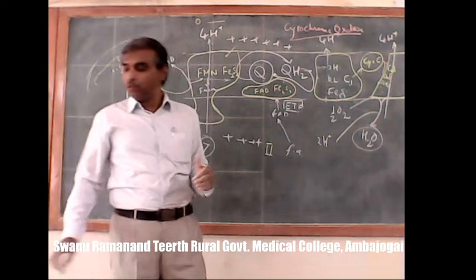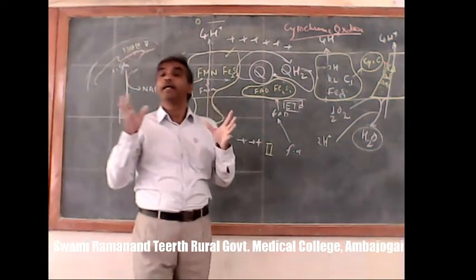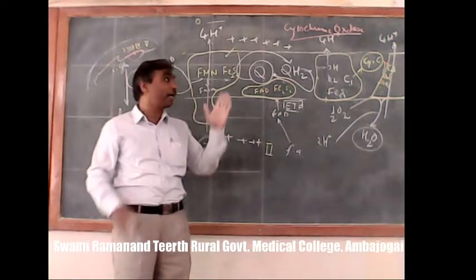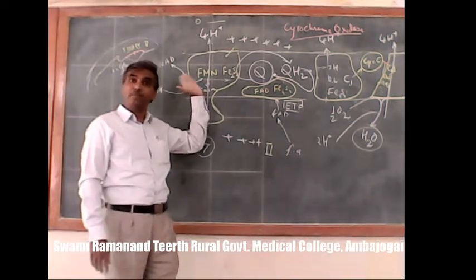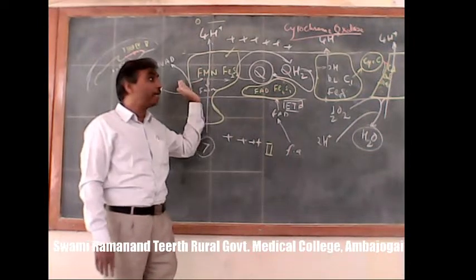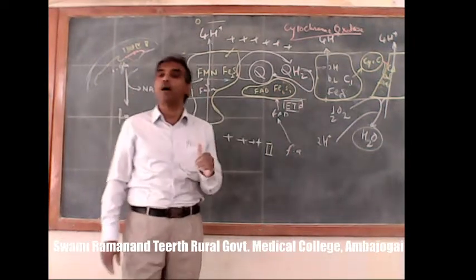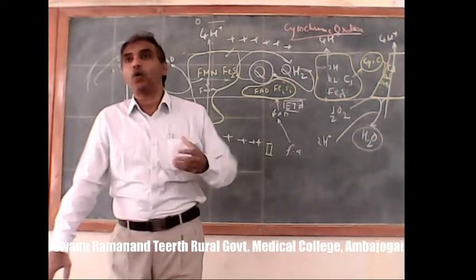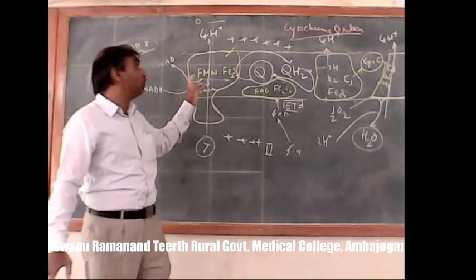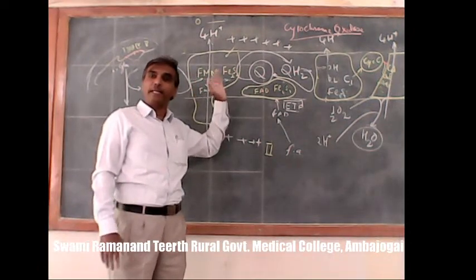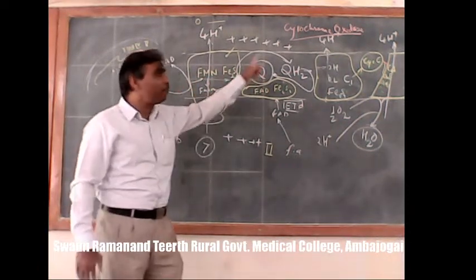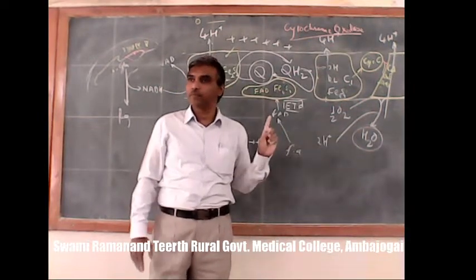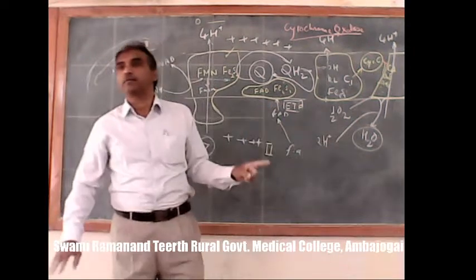So what happens in this electron transport chain? First, what is electron transport chain? It is the arrangement of all the substances in their increasing redox potential in the form of complexes in the inner mitochondrial membrane, so as to transport electron in a stepwise manner finally to form water. Oxygen is reduced to water.